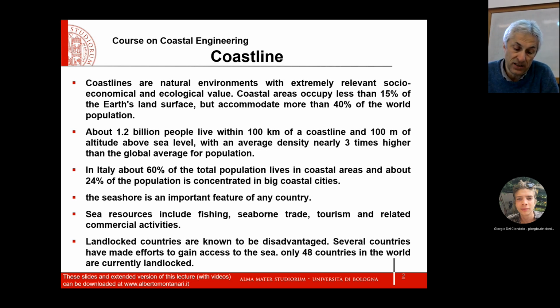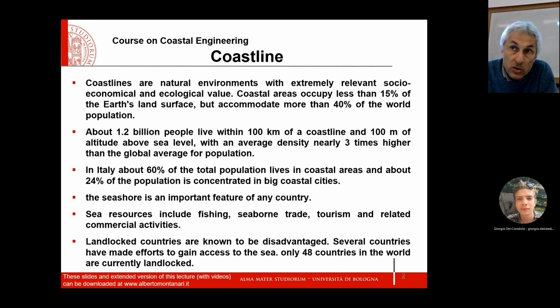And keep in mind that during the touristic season, this percentage of population living in the coastal cities increases a lot. So these figures tell you that the seashore is an important feature of any country.